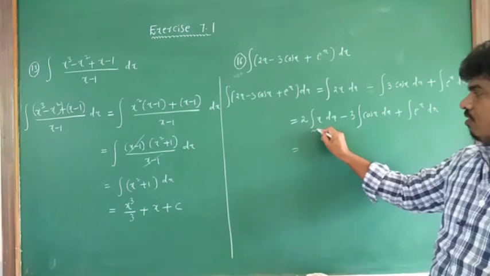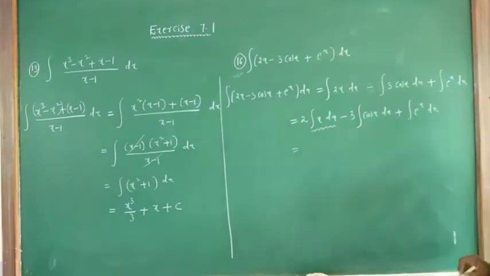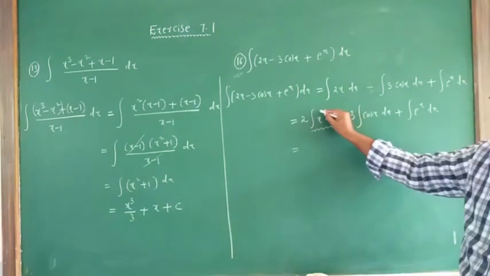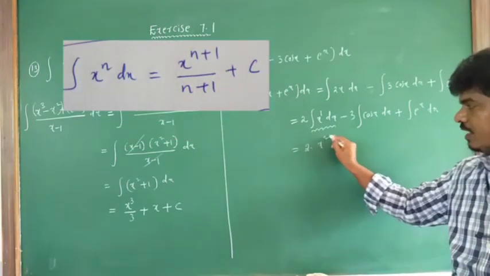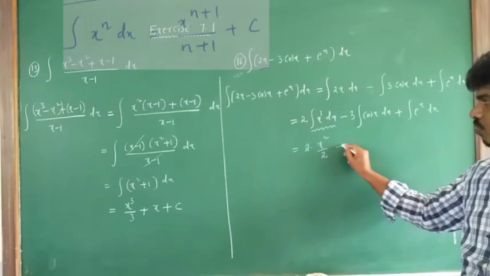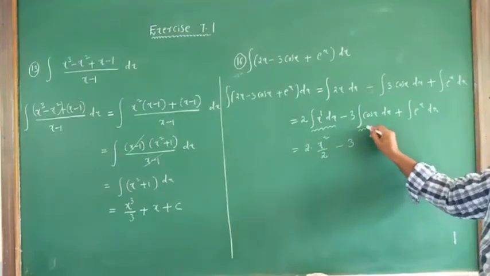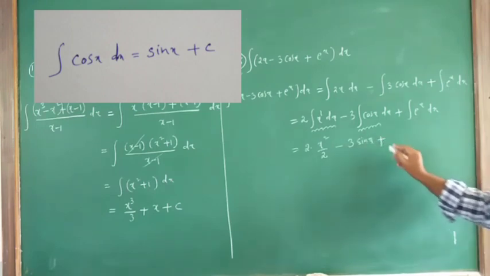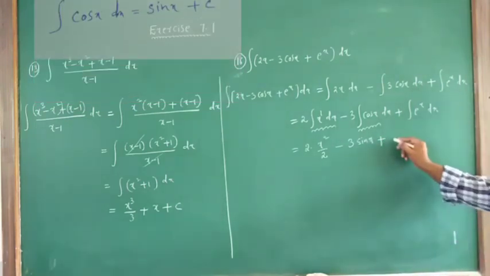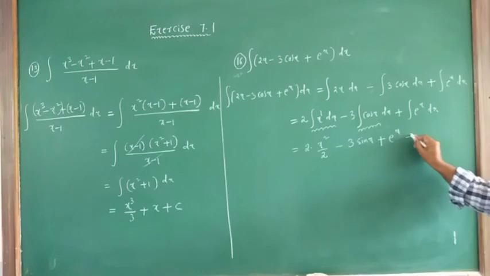Here, what is the integral of x dx? x has power 1. So, 2 into x square divided by 2, minus 3. What is the integral of cos x? That is sin x. Plus, what is the integral of e power x? e to the power of x plus c.